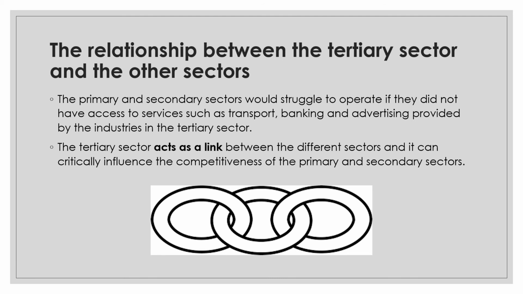If you have a farm and you are producing raw materials, in order for those raw materials to reach the factory that's going to use them in the production of their final goods, they need to be transported. And that transportation company is the tertiary sector. So that is why we say that the tertiary sector acts as a link between the primary and the secondary sector.